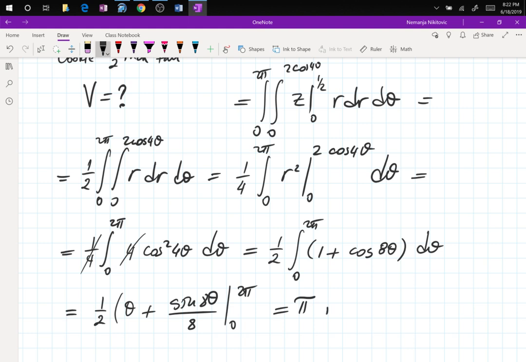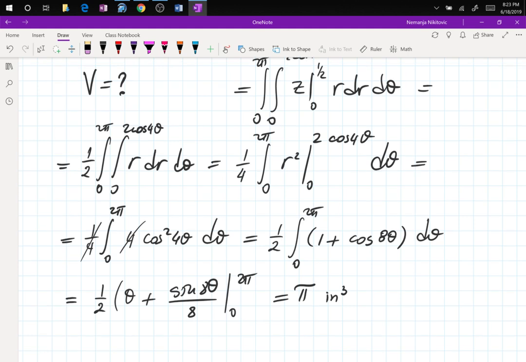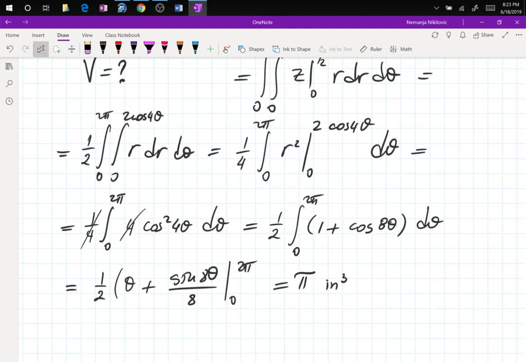Pi inches cubed. Does it make sense to be pi inches cubed? Well, it kind of does, because it is 8 petals, right? And it's only a half inch thickness. Pi is 3.14 inches cubed, so definitely you can fit the cookie in the pi inches cubed volume.